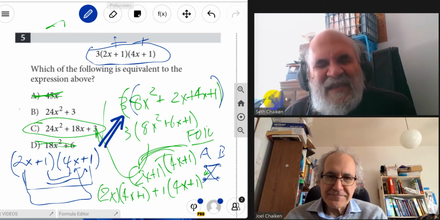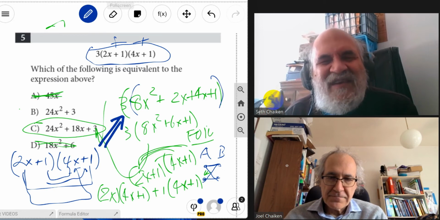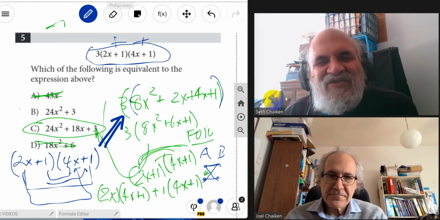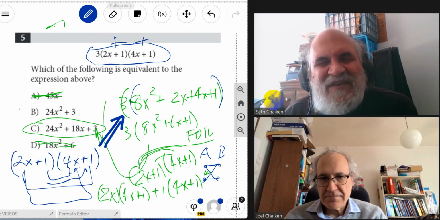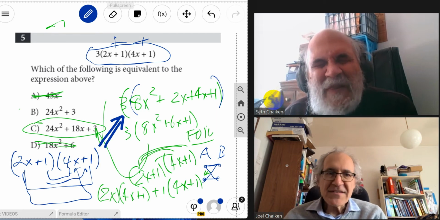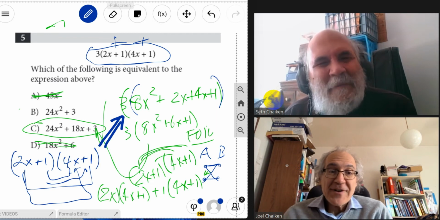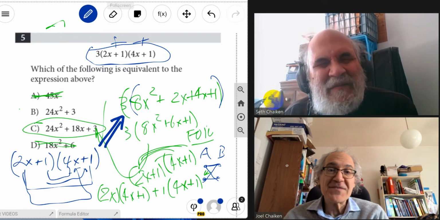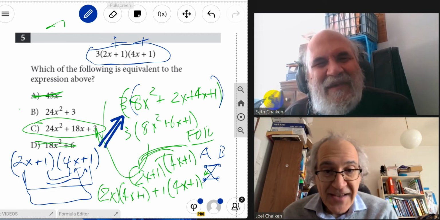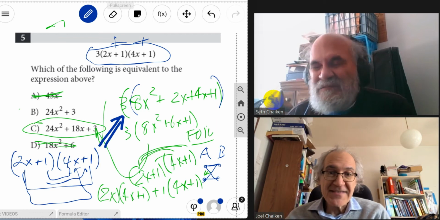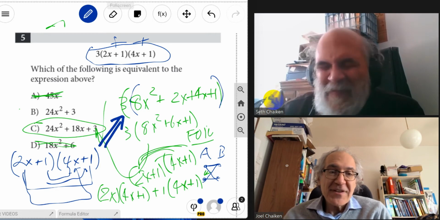That gives you the time to spend on the questions where you really do have to calculate slowly and carefully and check your results. So it may not be a bad idea when you take the SAT to quickly evaluate a question. Can I do this question in like 5 seconds? And if you can, then do it in 5 seconds, as Seth said, and just do it as quickly as you can.